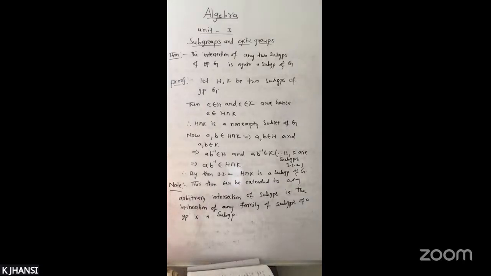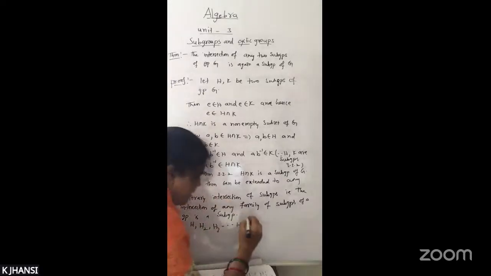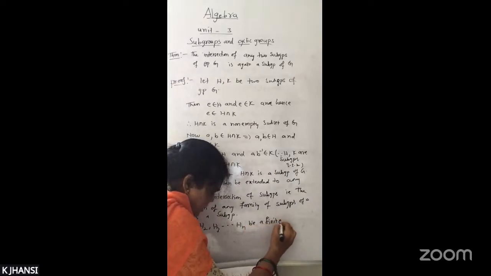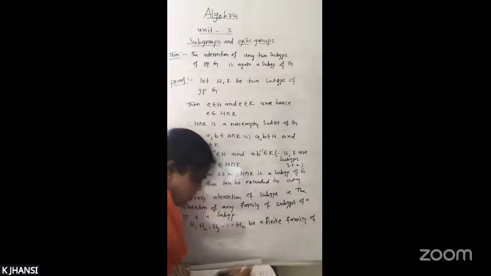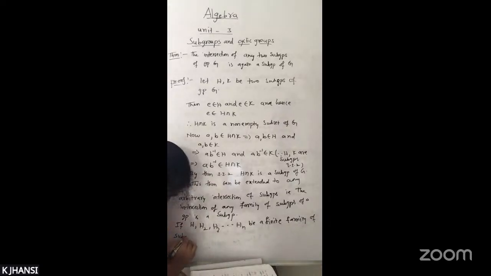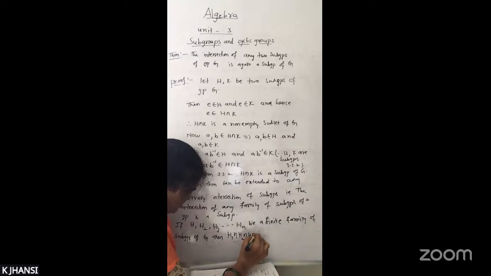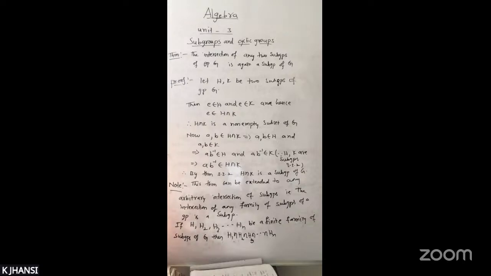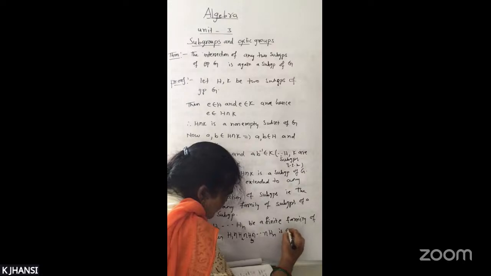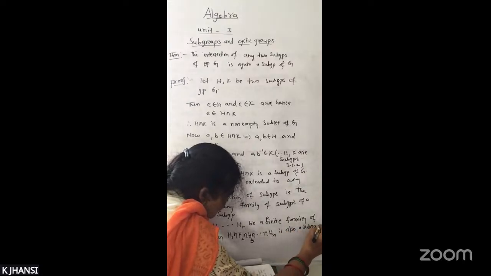You can represent this like this: if H1, H2, H3, and so on until Hn, n number of subgroups, be a finite family of subgroups of G, then H1 intersection H2 intersection H3 up till intersection Hn is also a subgroup of G.